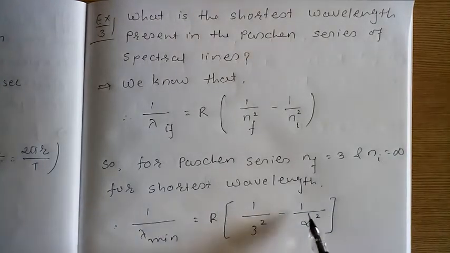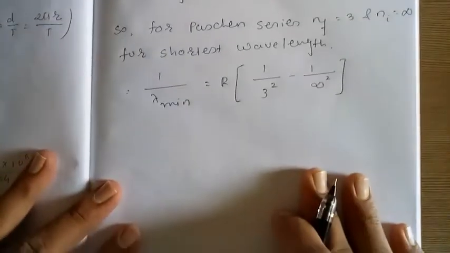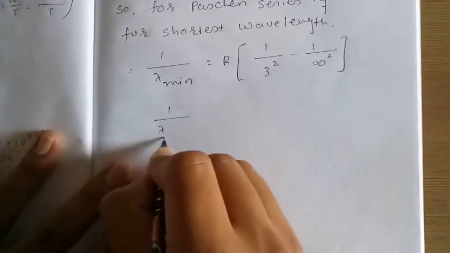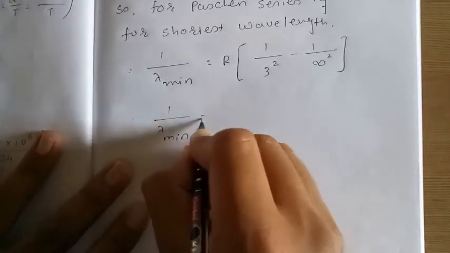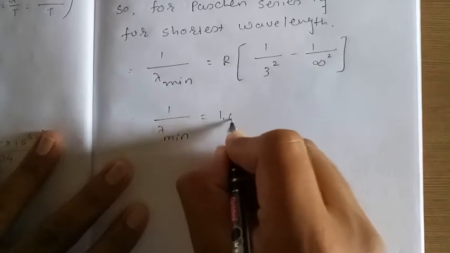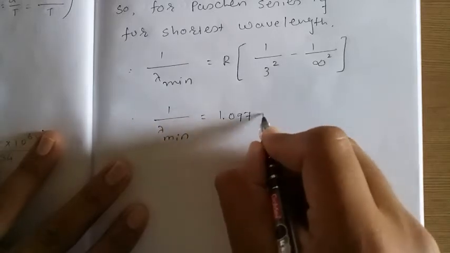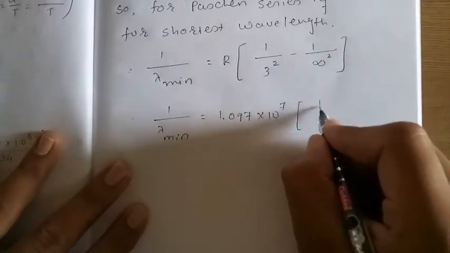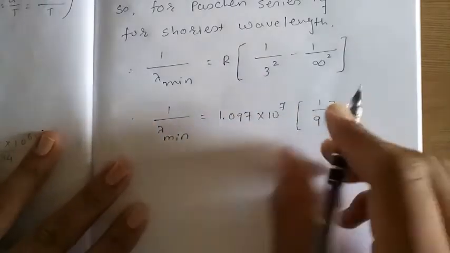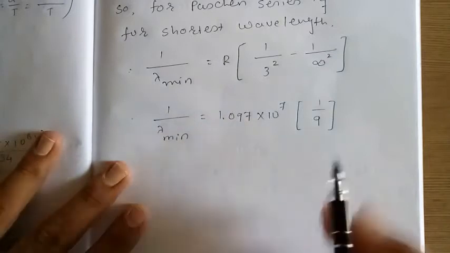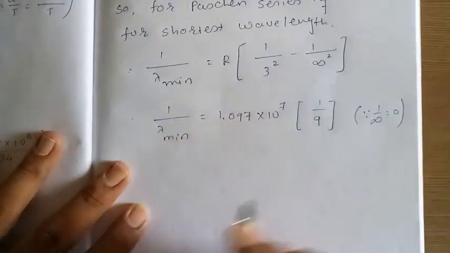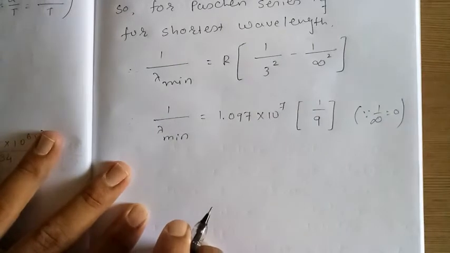Now we know that 1 upon infinite is equals to 0. So 1 upon lambda minimum is equals to value of R is 1.097 into 10 raised to 7, and 1 upon 3 square is 1 upon 9, because 1 by infinite is 0.